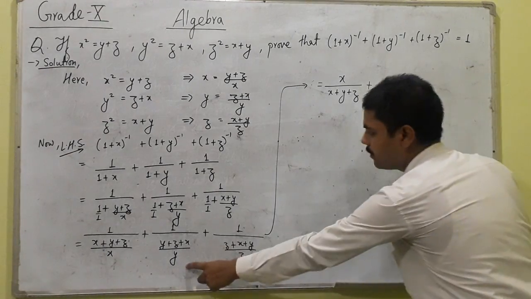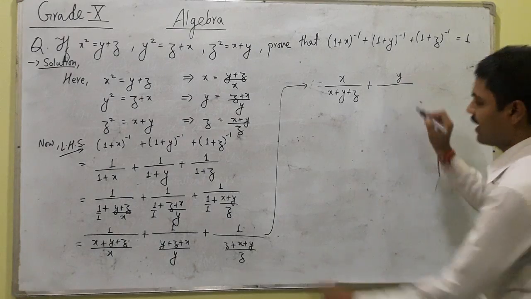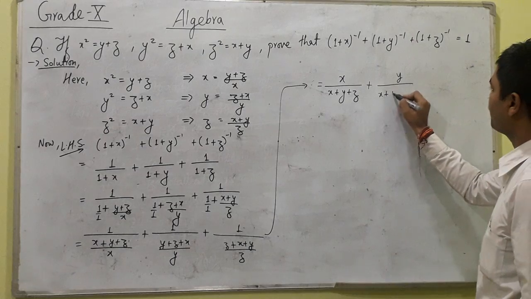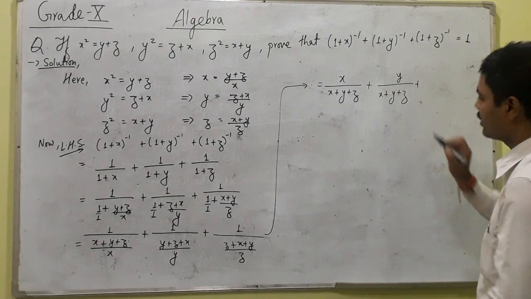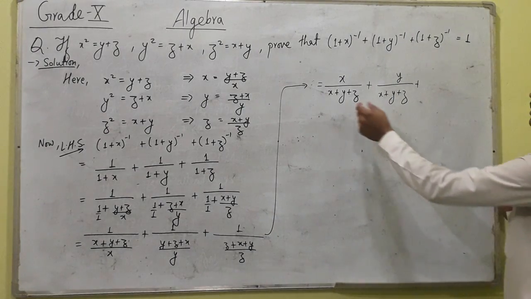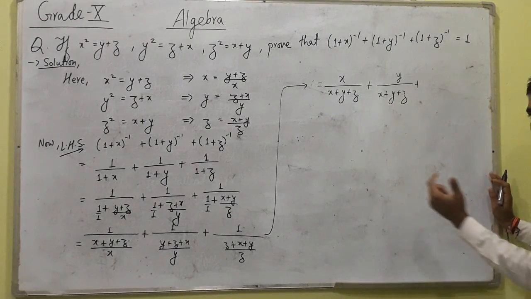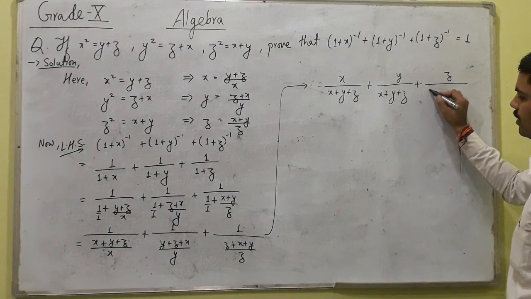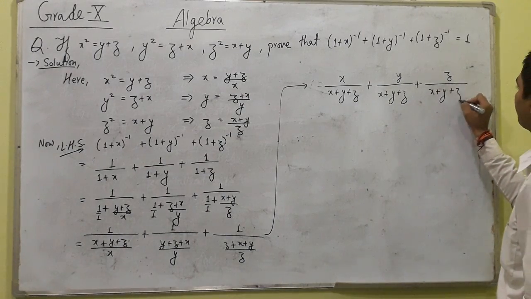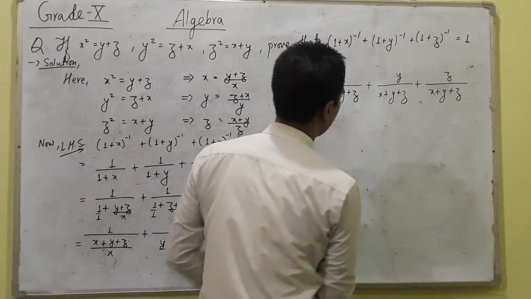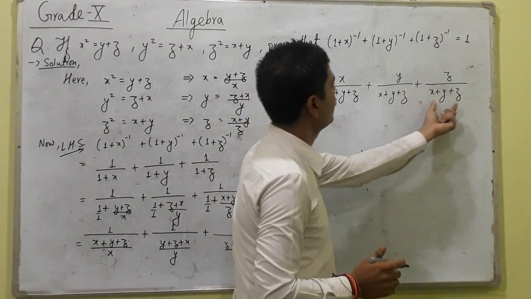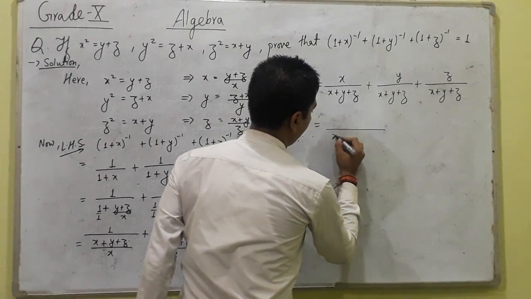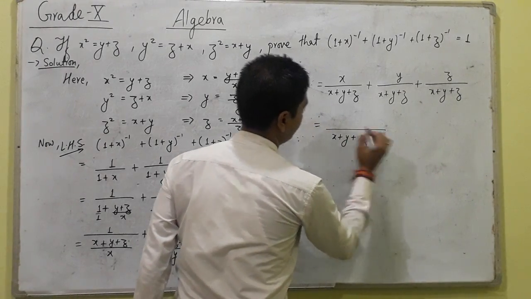Similarly, the next term is y upon x plus y plus z. You can arrange the letters in alphabetical order. After that, the last term is z upon x plus y plus z. Now here is the interesting point. We have got the same denominator, and the LCM will be the same: x plus y plus z.